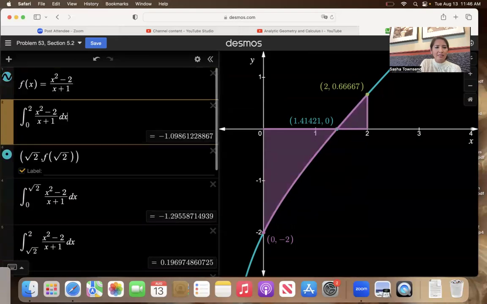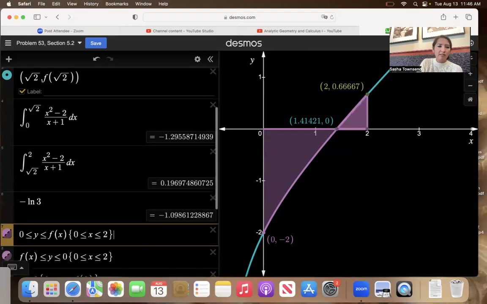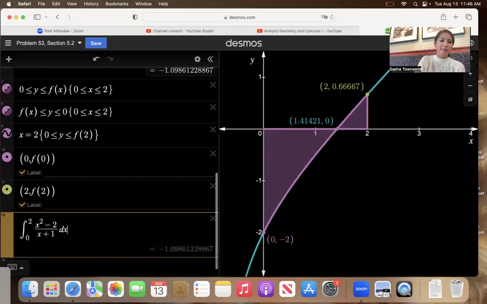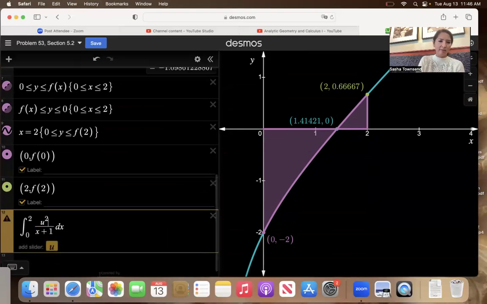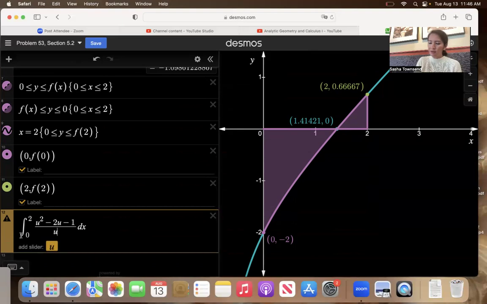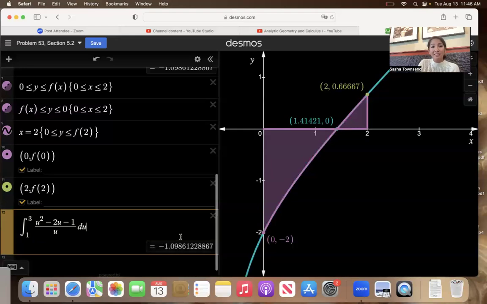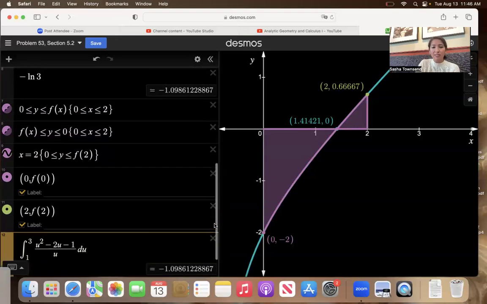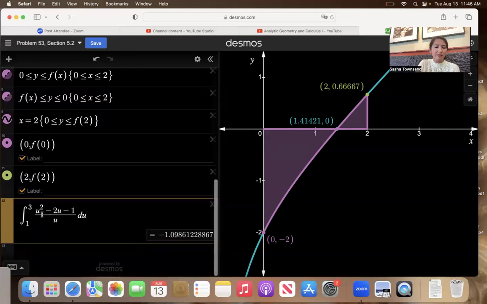Now the claim is that we can write this integral entirely in terms of a new variable u. We let u equal x plus 1, and then we got this integral. If u equals x plus 1, we had a u squared minus 2u minus 1 in the numerator, all divided by u. And we were integrating from u equals 1 to u equals 3. We see we get the same value for the integral, so we still get that negative natural log of 3 as our answer.